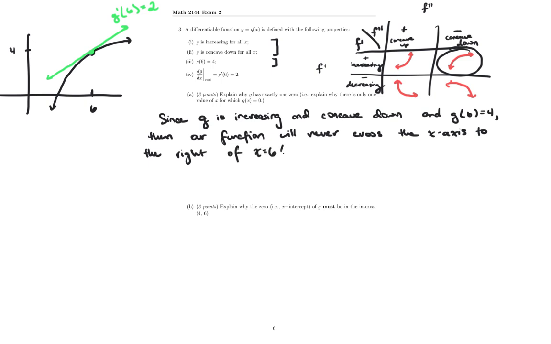That's our first justification. So here to the right of 6, it's increasing and concave down, and our point is in quadrant 1, so it's never going to hit the x-axis.